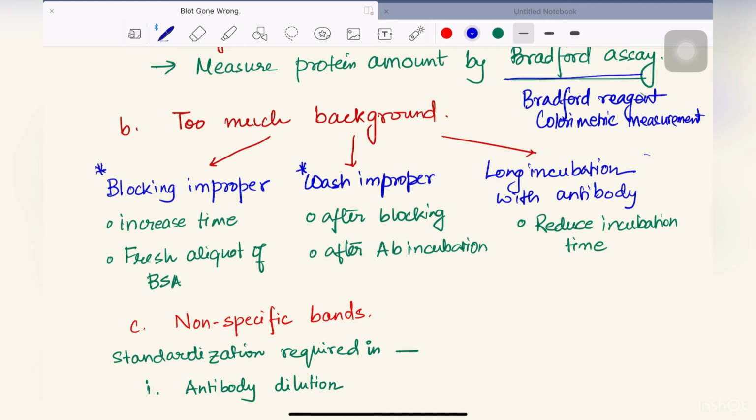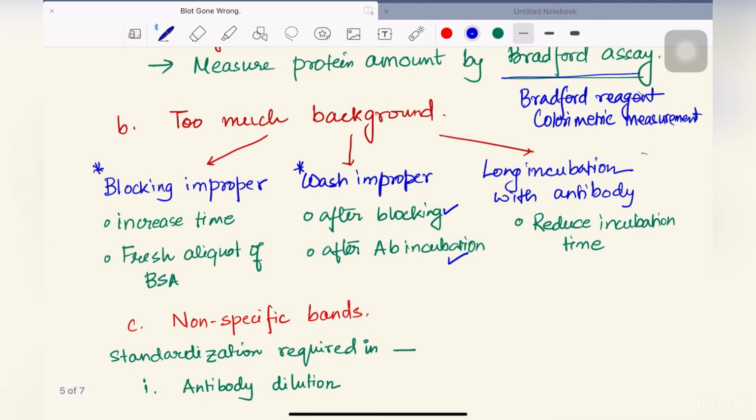Wash is very, very important in Western blot, and washing should be done after blocking as well as after antibody incubation. If you are washing the blot for less time after blocking, then your blot might still contain excessive amounts of the blocking reagent, which may hamper the interaction of your antigen and antibody.